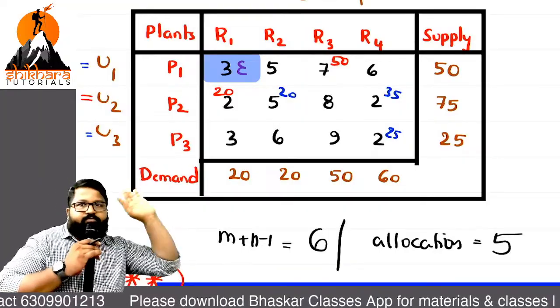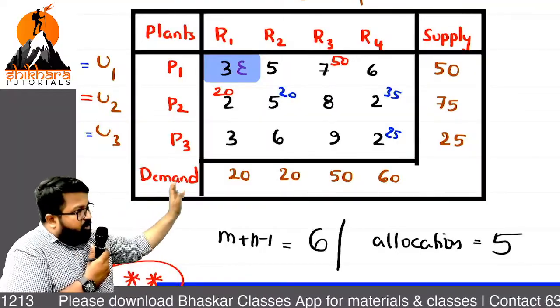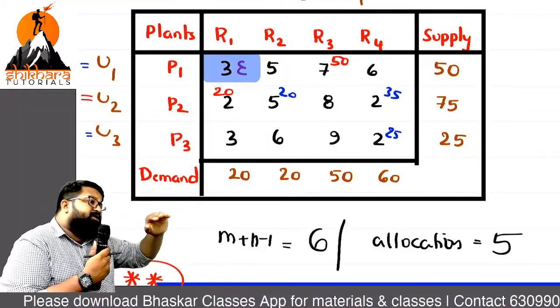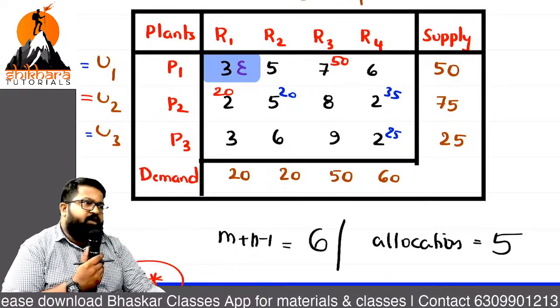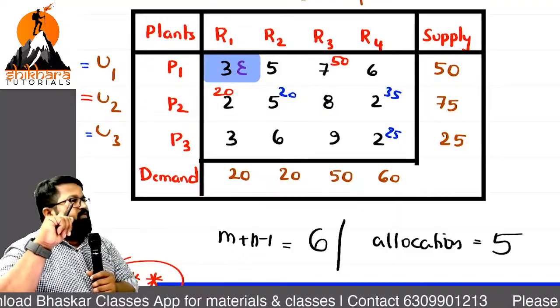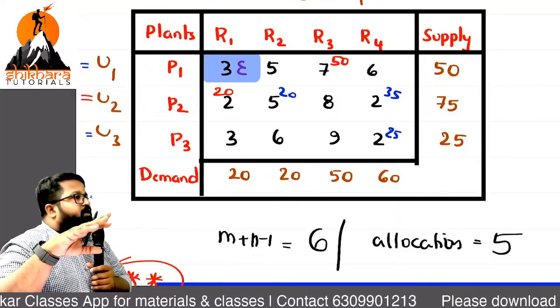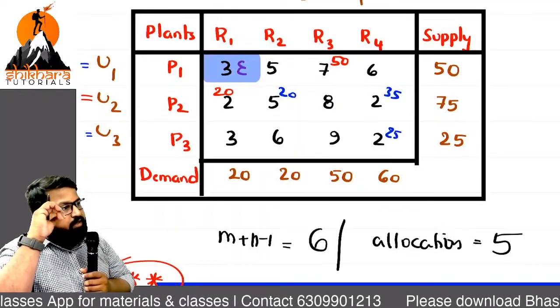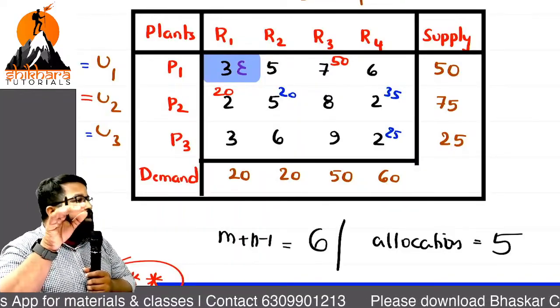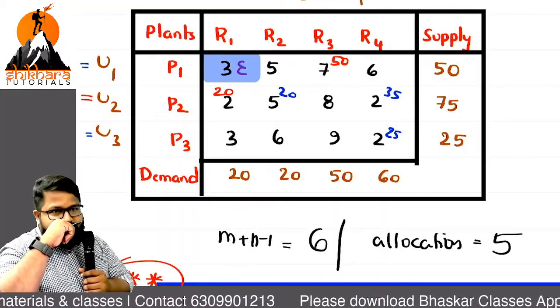Okay, this is one option. ICMA has given 2 options for us. Either you can go with that option or some other option. The other option is that initially there is one element which is allocated, and now it became unallocated. Is there any number initially allocated, but now unallocated? 3 and 8.